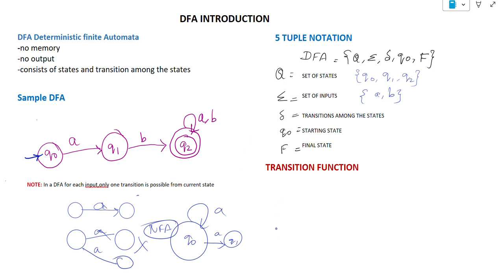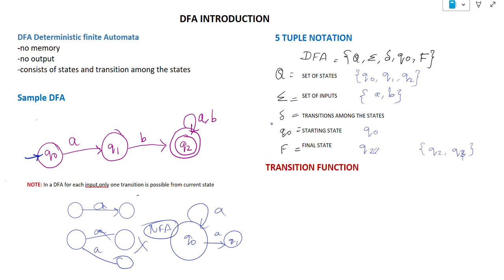The transition among the states is represented by delta. I'll give the list of transition functions here. The starting state is represented with this arrowhead, that is Q naught. The ending state is represented with a double circle, Q2. There can be more than one final state or terminal state, and if there is more than one, you can represent it like this with a set symbol. Here we have one, so it is Q2 alone.